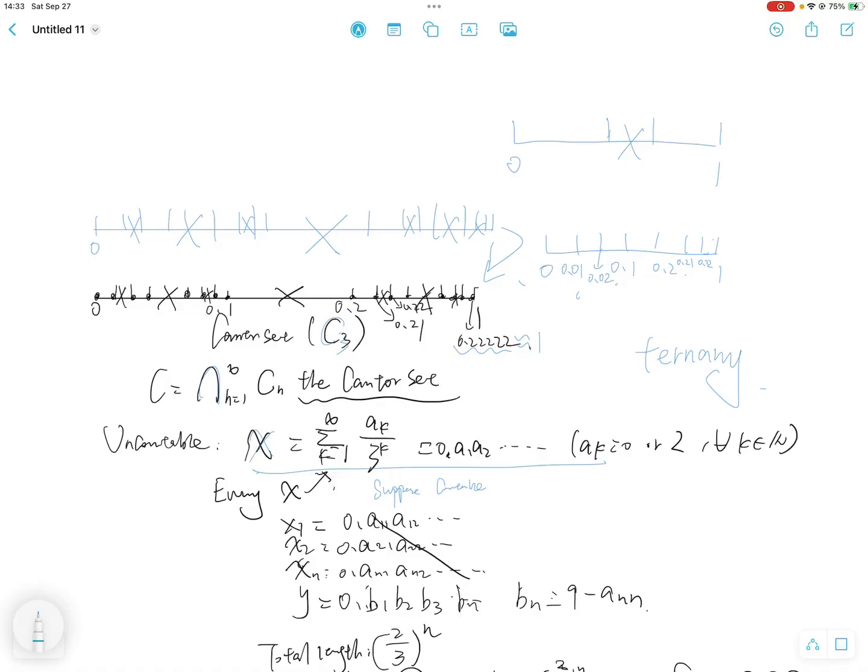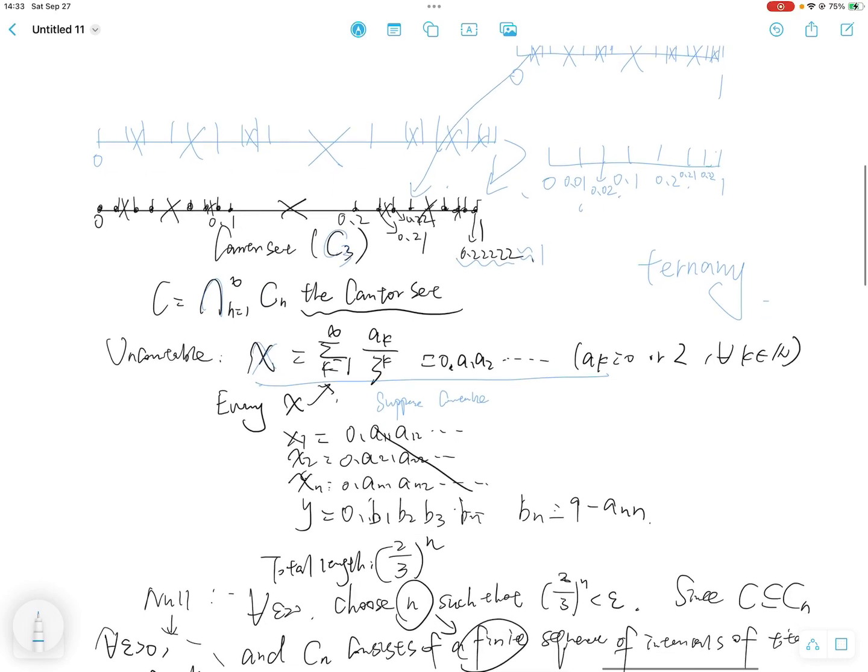If we do this a second time, it's like that, and the third time, it's like this. Here I call this C3 because I do the action 3 times. I define the Cantor set to be the intersection of all Cn.